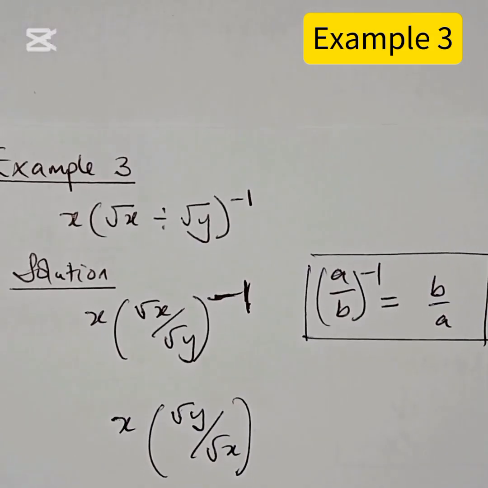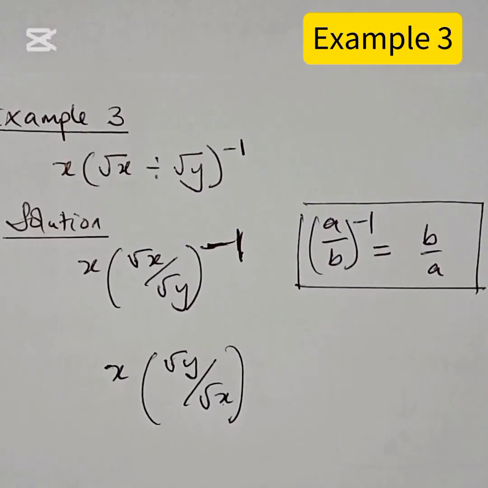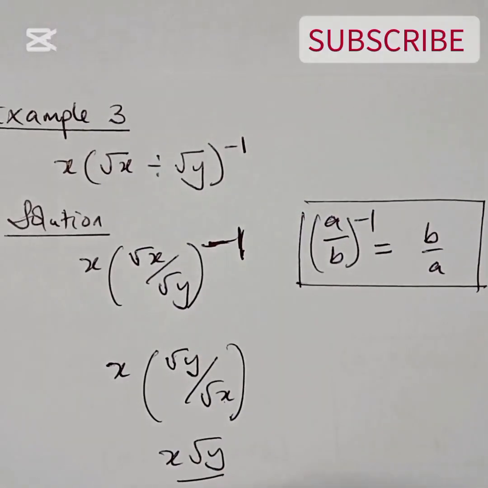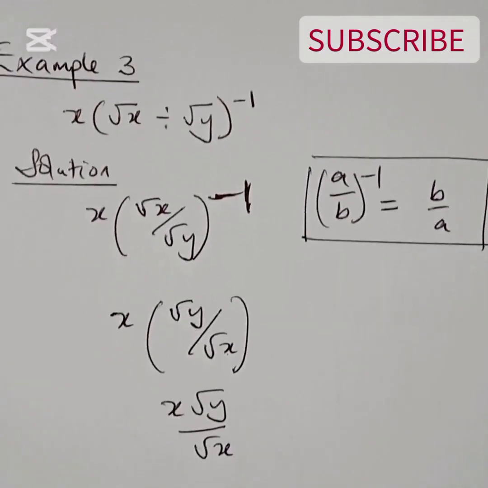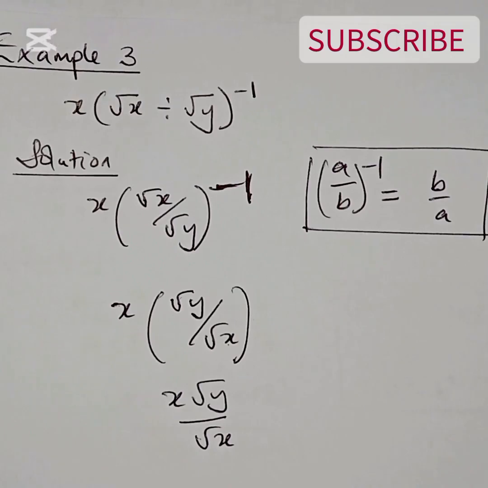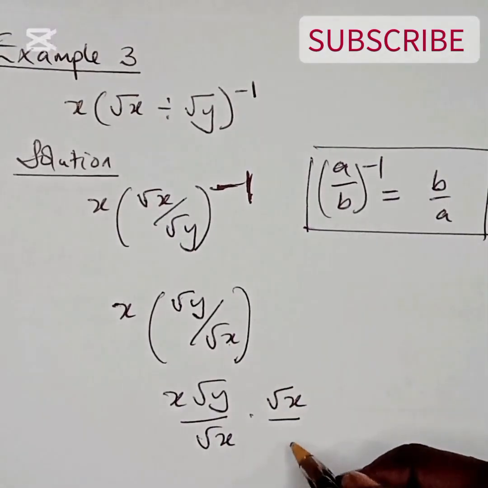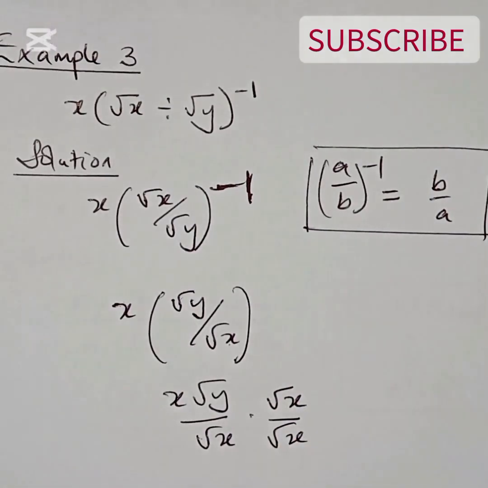Now we are going to rationalize the denominator. Our denominator in this case is root x. I might just need to write it down nicely: x root y divided by root x. Now, like what we did in example 1, we just need to multiply the numerator by root x and the denominator by root x, like that.